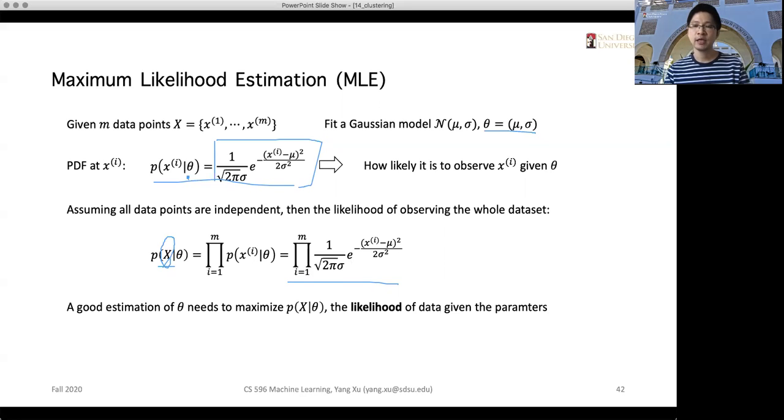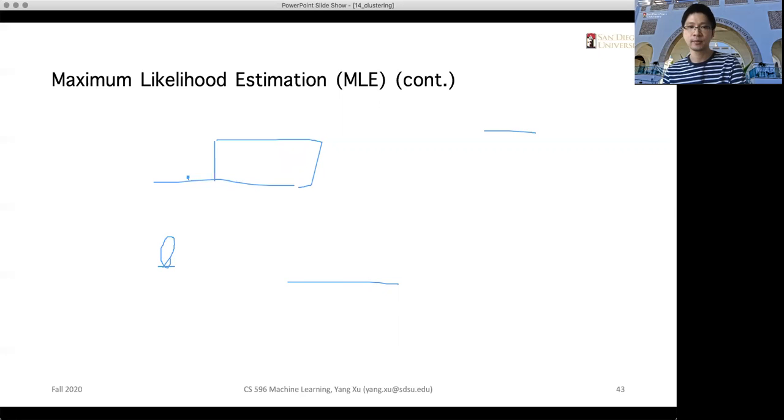Then we say a good estimation of theta will maximize this likelihood of the total data set. Now we have a more clearly defined goal that we want to maximize, which is the likelihood of the data. Now let's look at the next step.